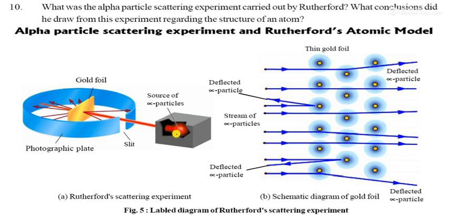Now it is the uranium, a source of alpha particles, and it sends a beam of alpha rays, and after some time he sees that the alpha particles are scattering in all possible directions after colliding with this gold foil.